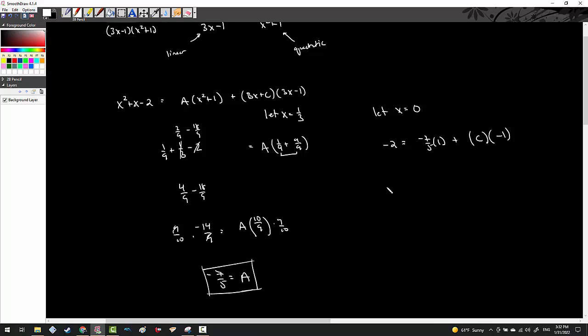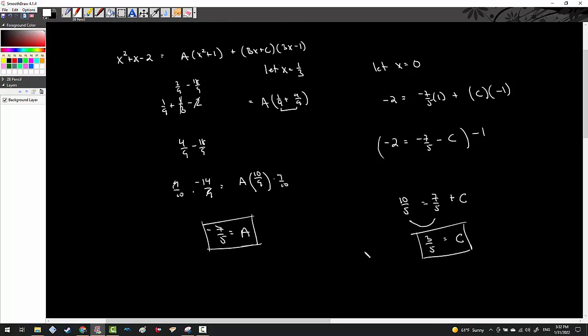And so what I get is -2 equals -7/5 minus c. What I'll do is multiply the whole thing by -1. That'll give me c plus 7/5, and that's going to give me a 2, but I'll call it 10/5 for a common denominator, so that when I subtract this guy over, I get c equaling 3/5.